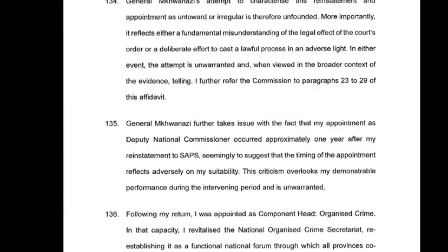Now, what I want to point out, I was promoted to become a Major General in 2010. General Mkhwanazi was promoted to become a Major General in 2011. 4 months into his new appointment, he was appointed to be the acting National Commissioner of the Police.